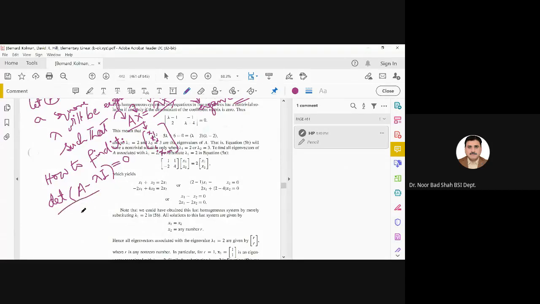This is known as the characteristic equation. And the solution of this characteristic equation will give you the eigenvalues.